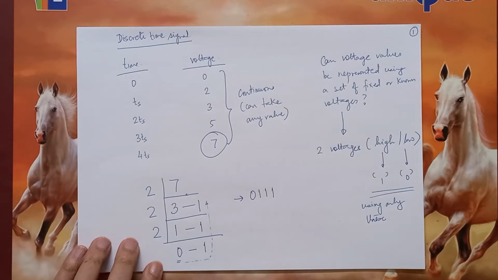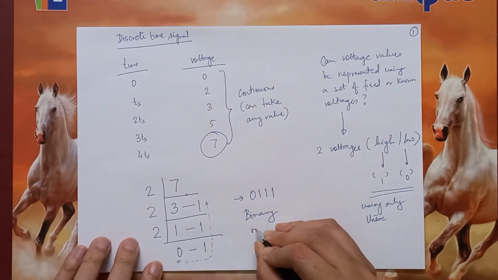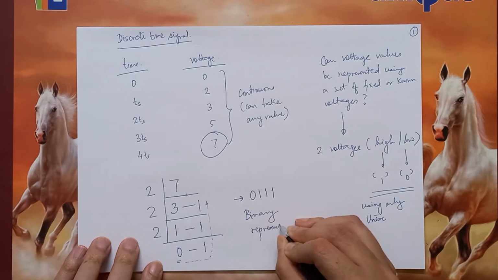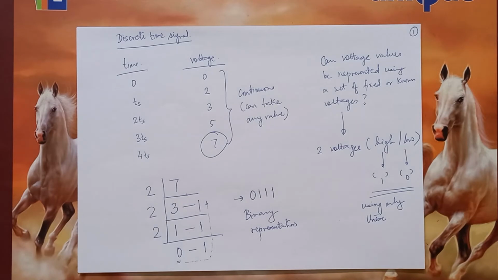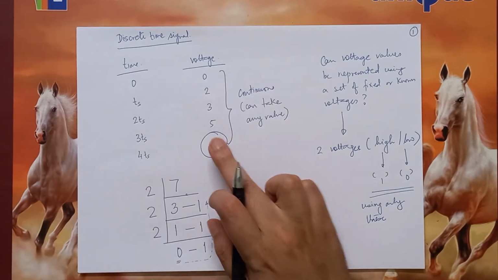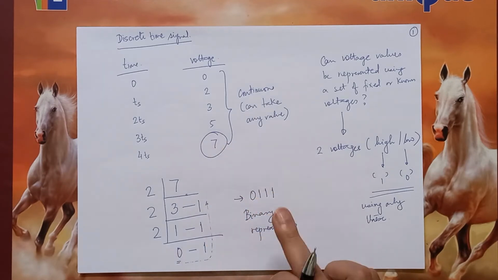Now this is called a binary representation. What I have essentially done is that I have represented 7 using only zeros and ones. It is called binary because it is a number system with a base of 2, whose basis digits are 1 and 0.